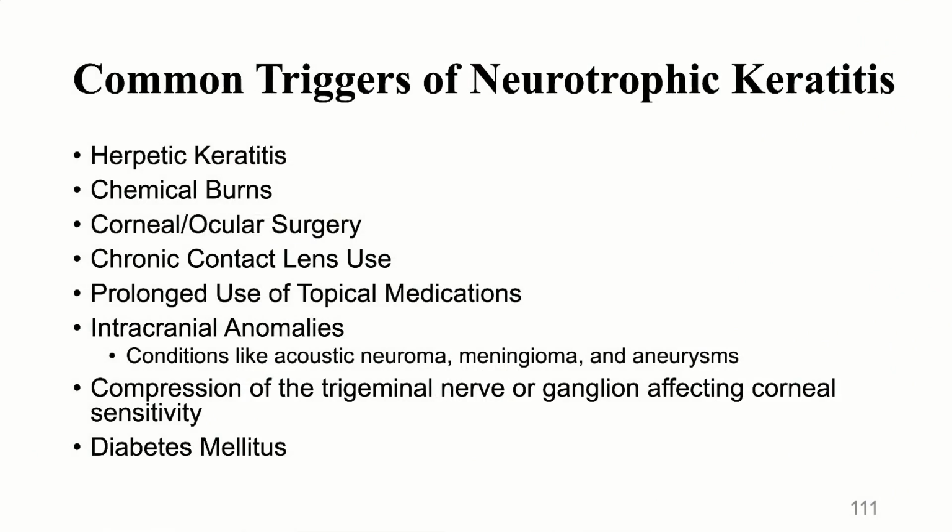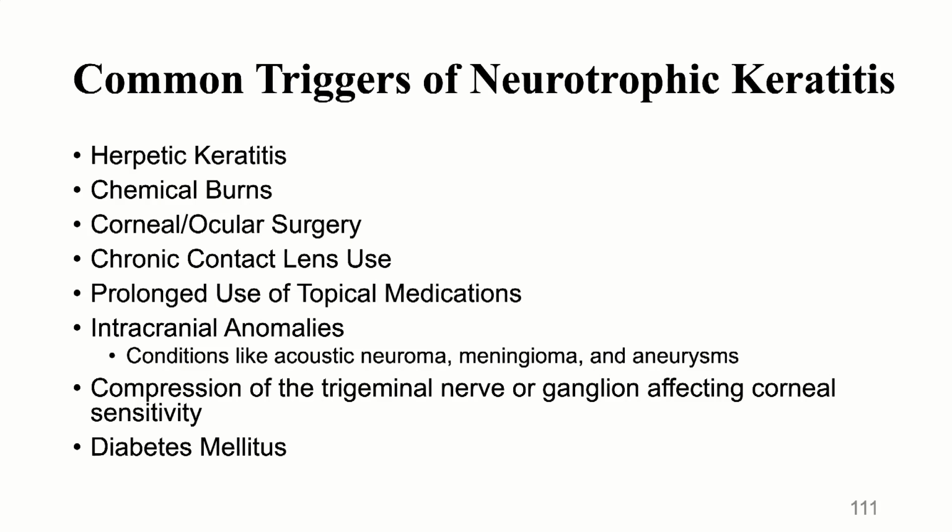So let's take a look at common triggers that can happen. And we always think neurotrophic keratitis when we're looking at herpetic keratitis. When we're looking at HSV, HZV, we understand that, and what we do to verify that diagnosis is we test corneal sensitivity, with one being normal and the other one being abnormal.